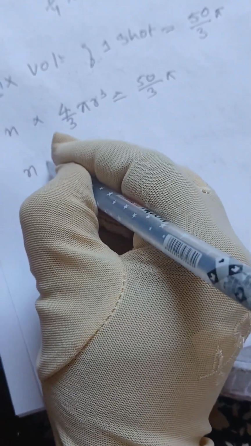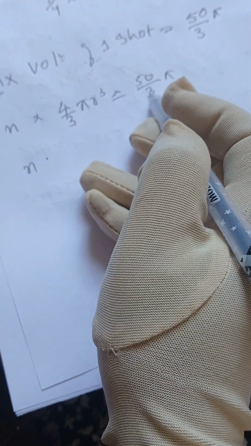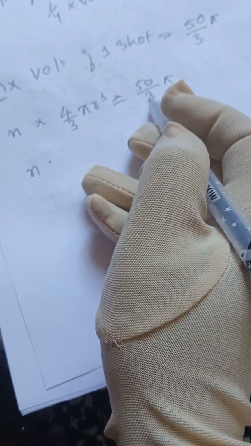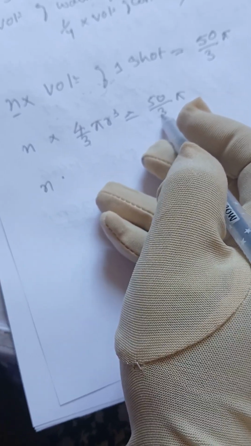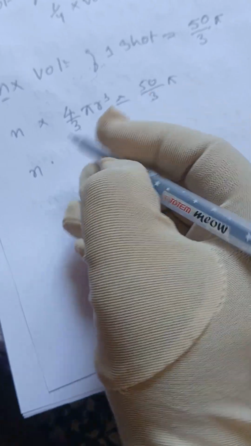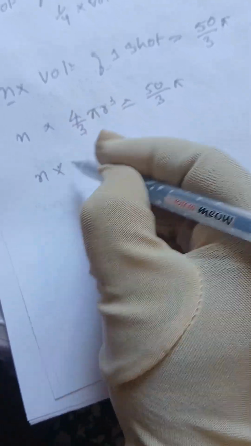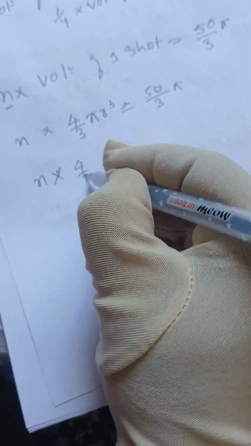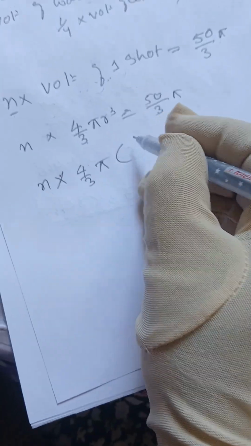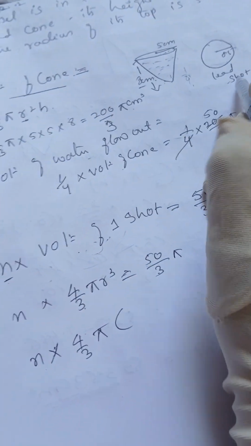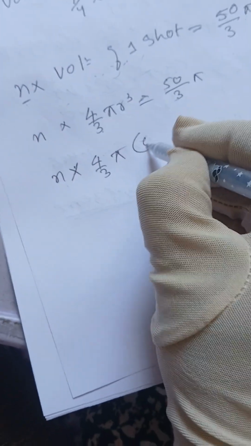So the number of lead shots times the volume of one lead shot equals the volume of water that came out. So n into 4 by 3 pi r cube. The radius of the lead shot is 0.5, so 0.5 cube equals 50 by 3 pi.